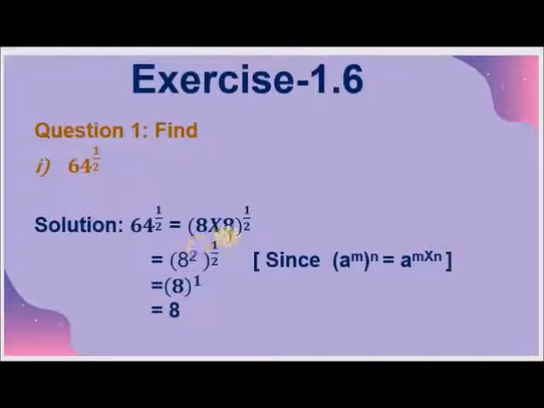And when we use the law a raised to the power m to the whole power n is equals to a raised to the power m into n, then 2 from this fraction will cancel, and what is left is 1 as a power. So this becomes 8 raised to the power 1, which is equals to 8.